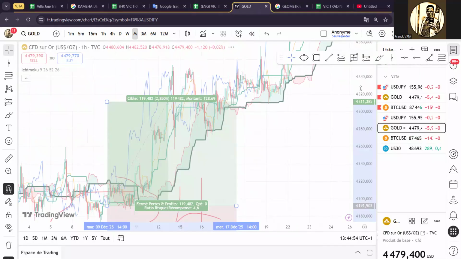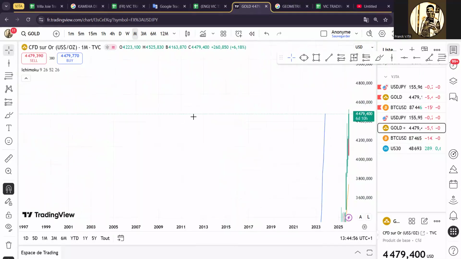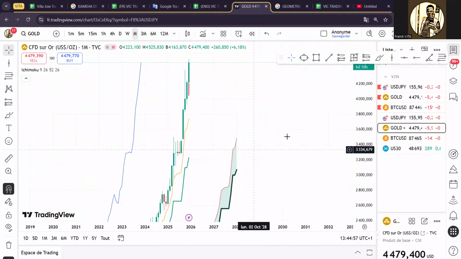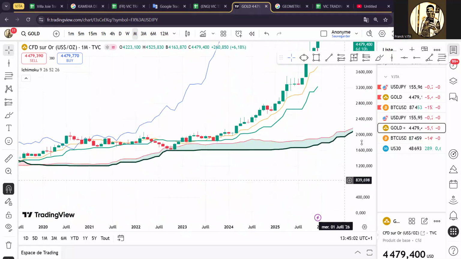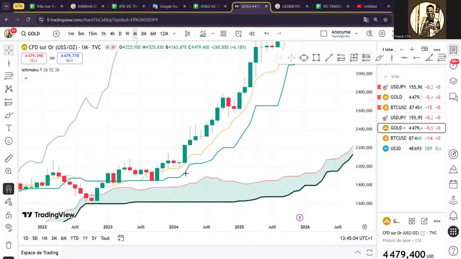Every setup, even on monthly, which happens rarely, but will happen sometimes. The last time on gold that the setup has been touched is far away, on November 2023. Far away, far.